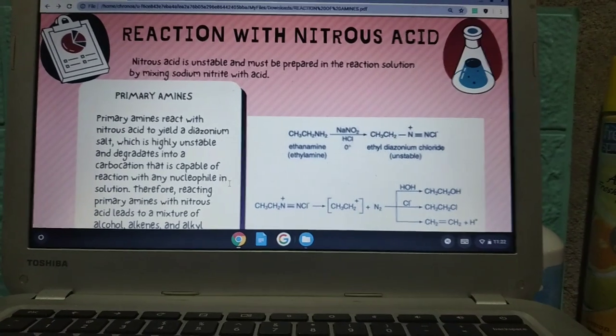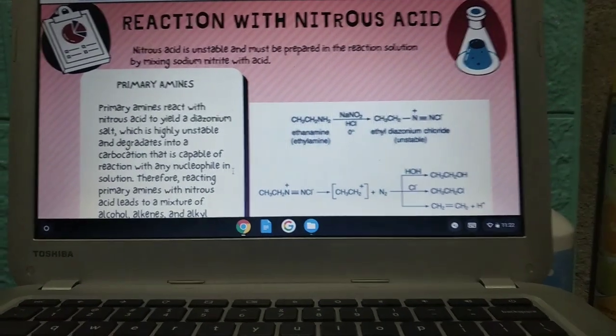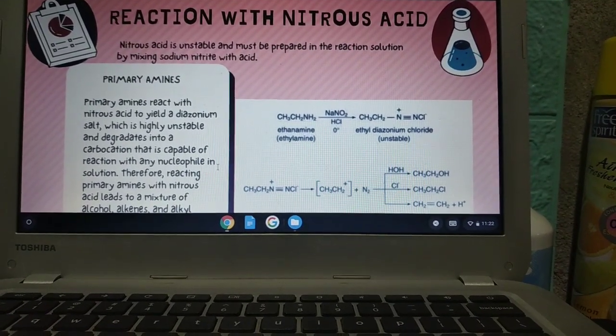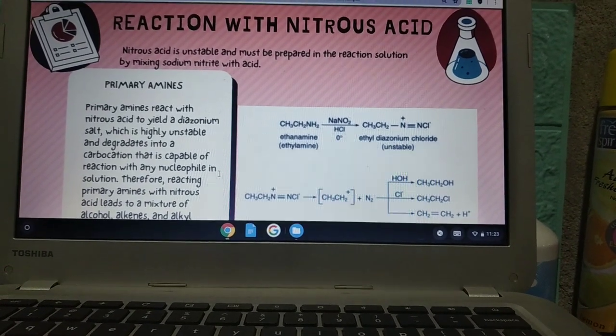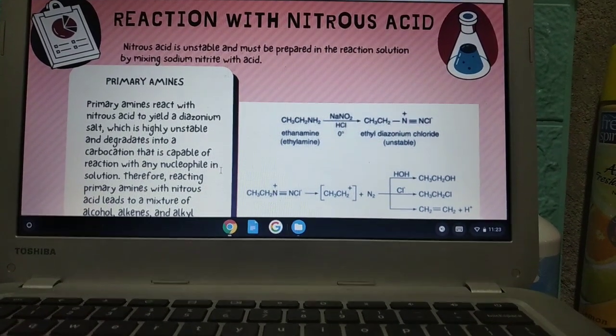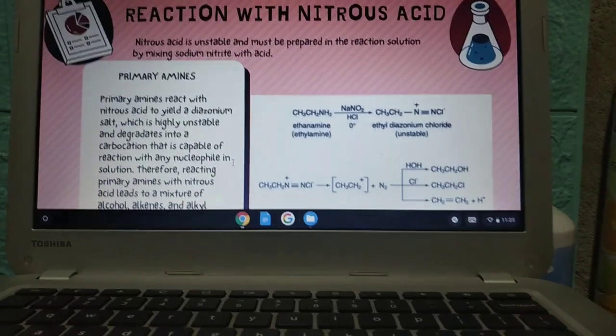Reaction with nitrous acid. Nitrous acid is unstable and must be prepared in the reaction solution by mixing sodium nitrite with acid.